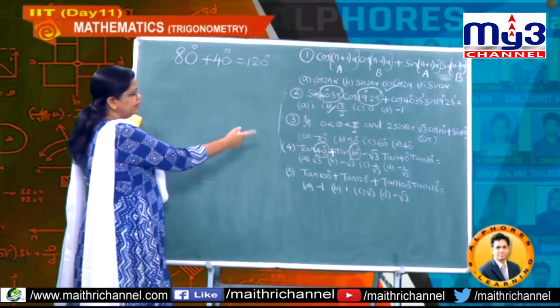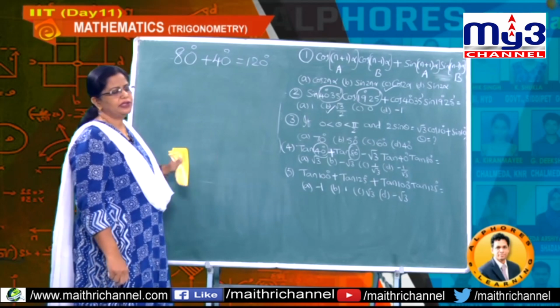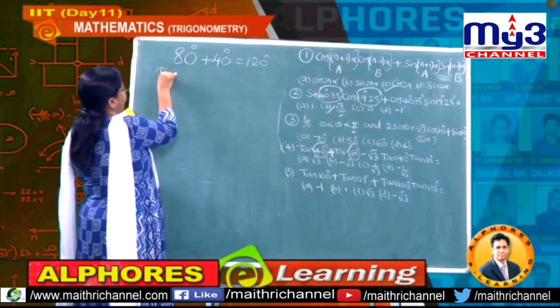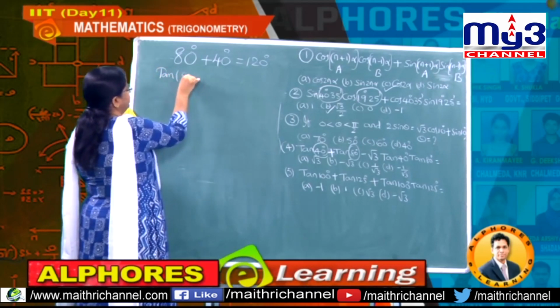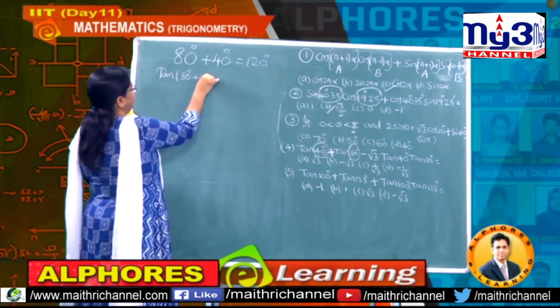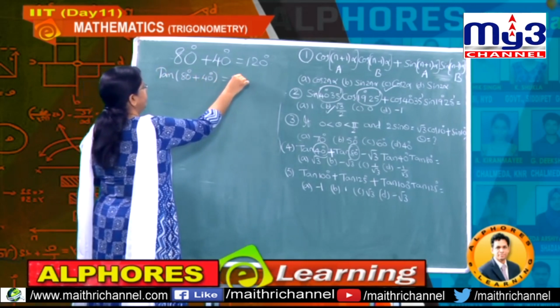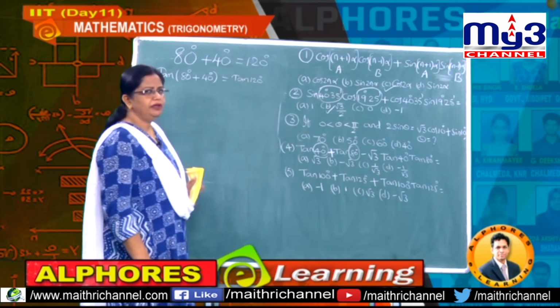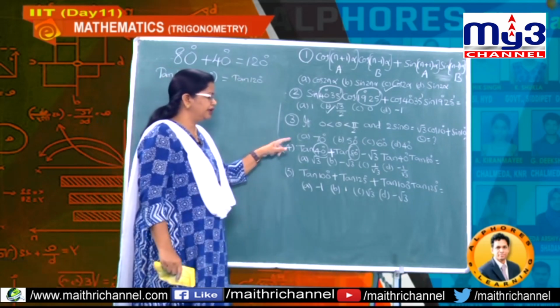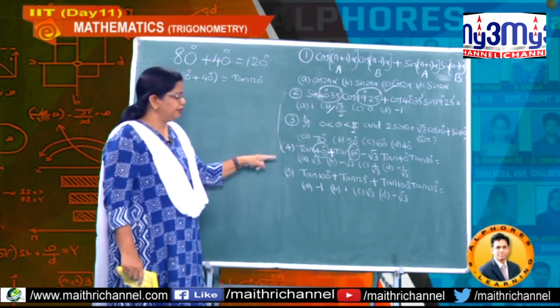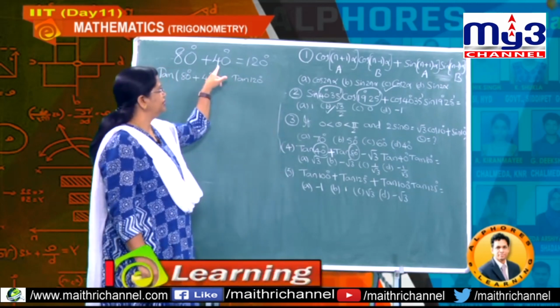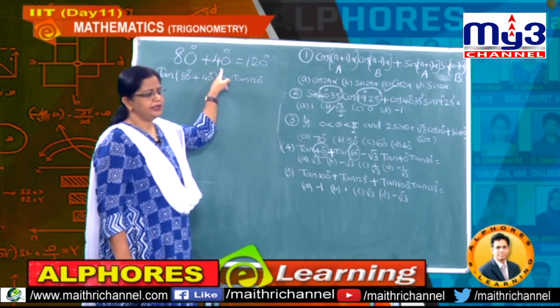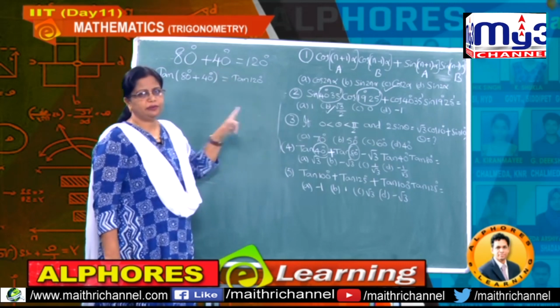Hence, as the problem is in terms of the tan function, I am taking the tan function on both sides. So tan of 80 plus 40 equals how much here? Tan 120. Students, I think you have been observing for a long time, whenever a problem is in terms of tan, we are using this kind of formula, understand. So the same here also we adopted.